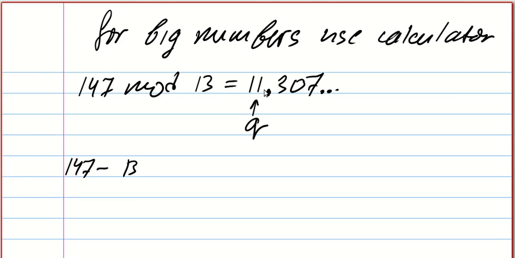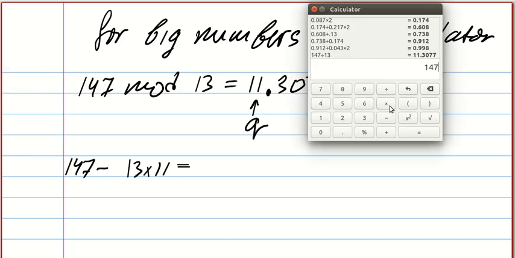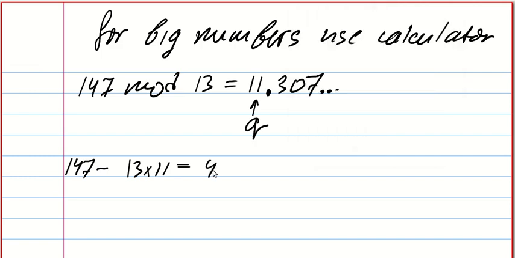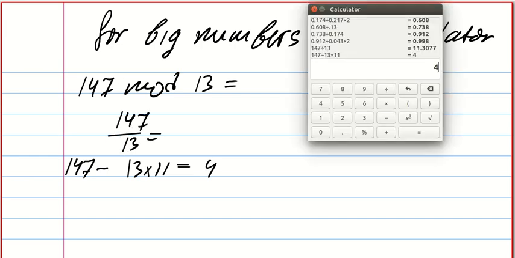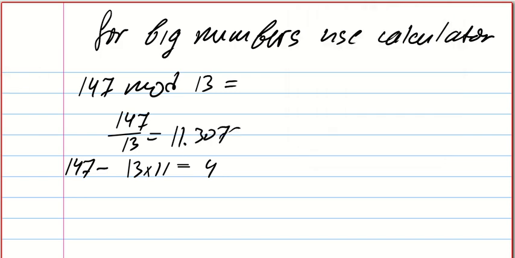So we do 147 minus 13 times 11, and we get 4. That's our remainder.